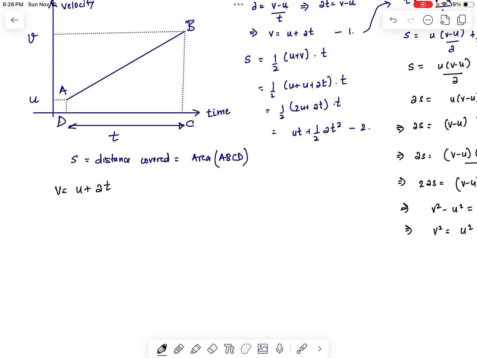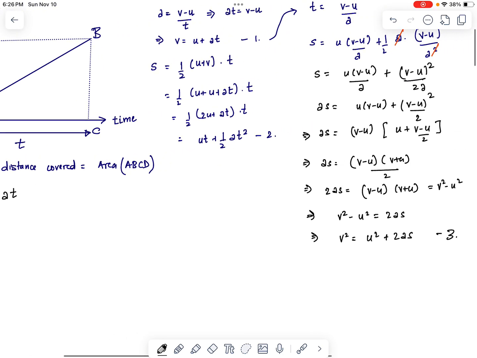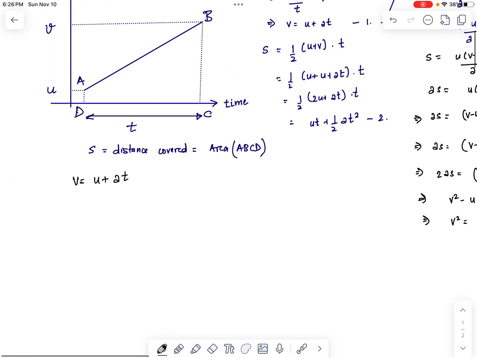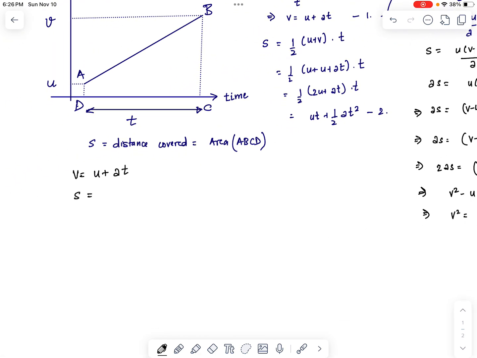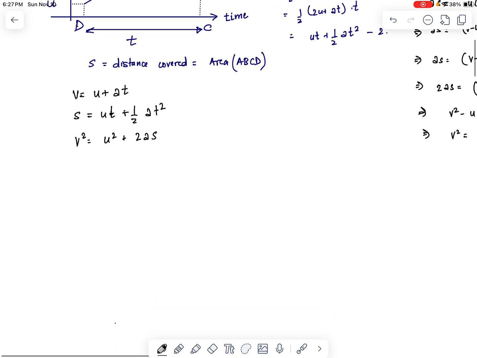The second equation is s equals ut plus half at squared, and the third equation is v squared equals u squared plus 2as, where s is the distance. So these are the 3 equations. Now let us see if we can derive these very same equations using calculus.